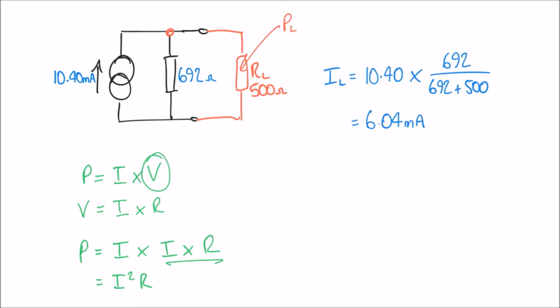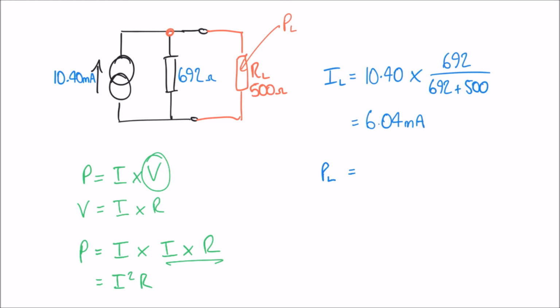So let's go back to our calculation for power on the right hand side here. We can calculate the power in the load, PL, as I squared R, and we know that the current, I, is 6.04 milliamps.